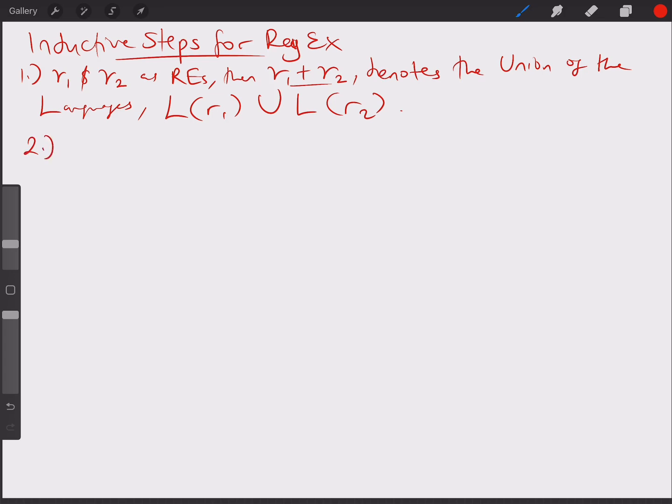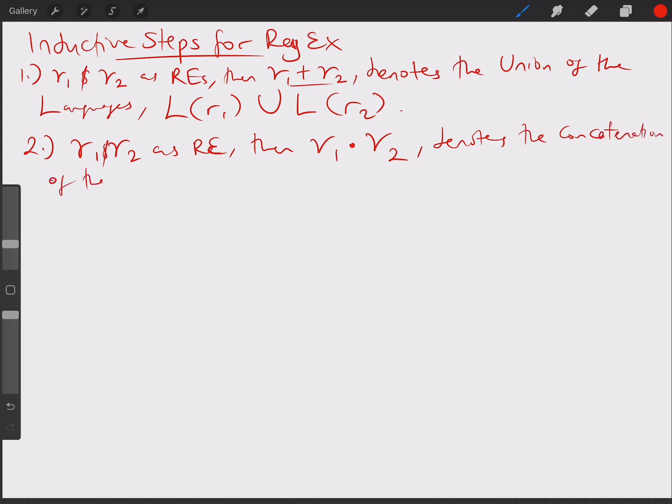If we have R1 and R2 as regular expressions, then R1 concatenated with R2 denotes the concatenation of the languages. Pardon my writing. So we have L(R1) concatenated with L(R2).